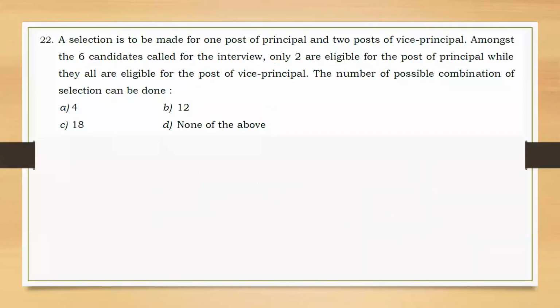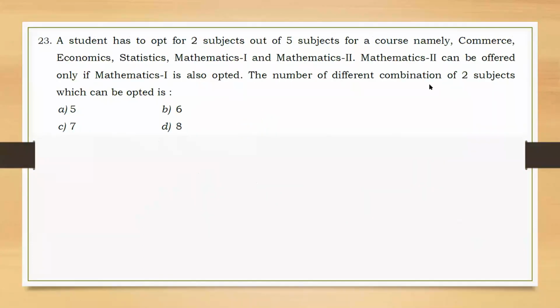Okay. So we move to the next one. A student has to opt for 2 subjects out of 5, right? They have commerce, economics, statistics, M1, M2.